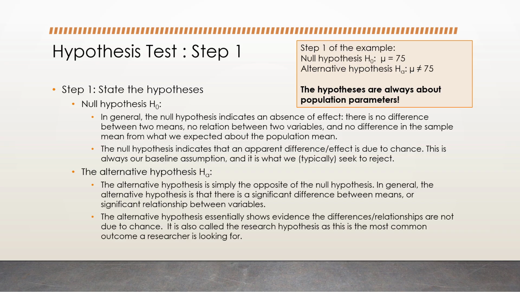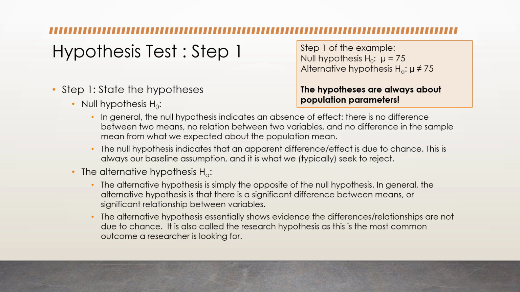This means the sample was selected from a population with a mean of 75, and any apparent difference is due to random chance. This is always our baseline assumption and is what we typically seek to reject.